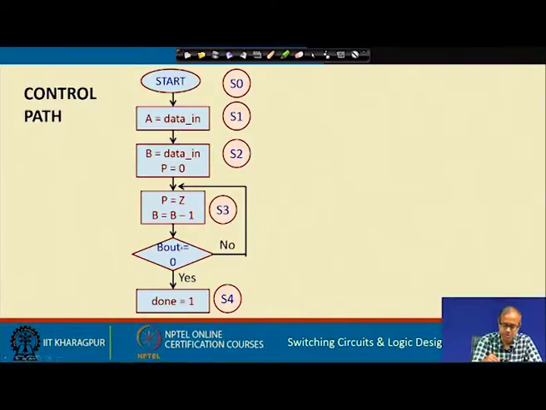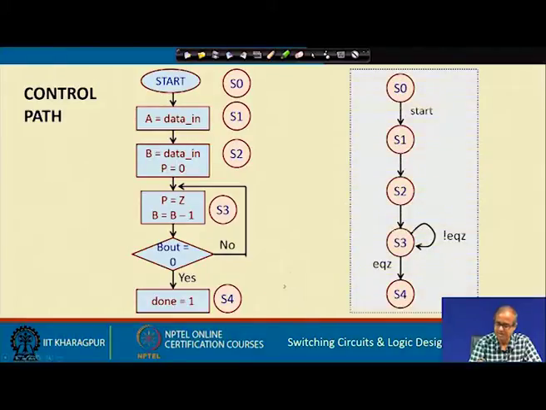This is the same flowchart I am drawing in a slightly different way. These are the different steps of computation that you need to carry out, and S0 to S4 are the 5 states, and you can encode this as a finite state machine like this, where sequentially you will go from S0, S1, S2, S3, and S3 will remain in this loop until this equal to 0 condition holds true, then you come out.